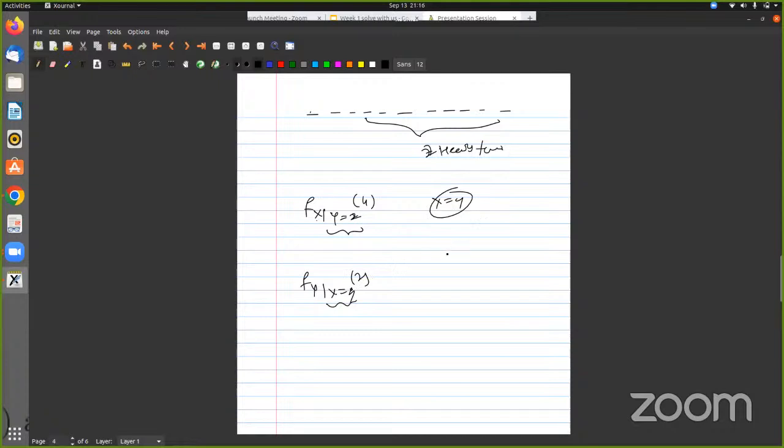So the happening of x equals 4 in 10 tosses, what are the possible ways that this will happen? 10C4 ways, right? And out of that, how many ways are there for y equals 2 to happen?